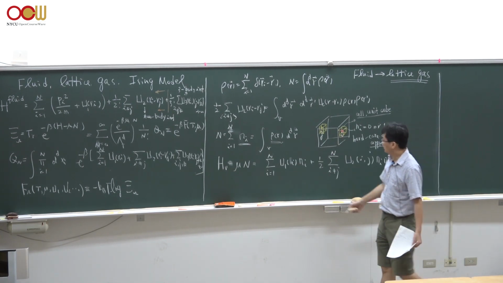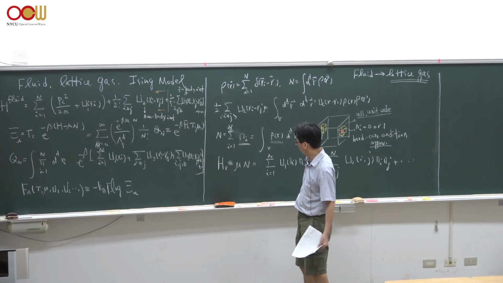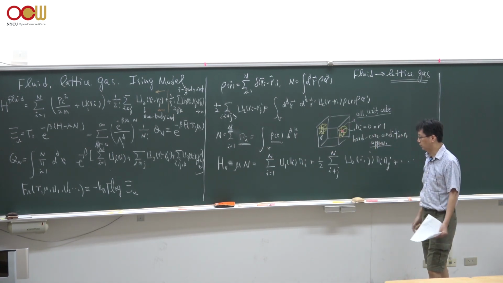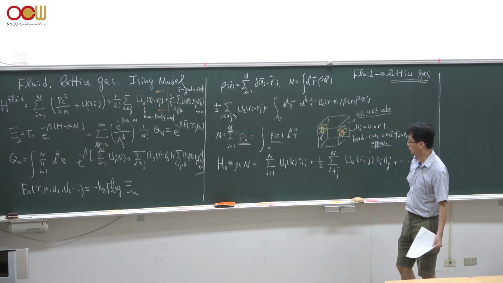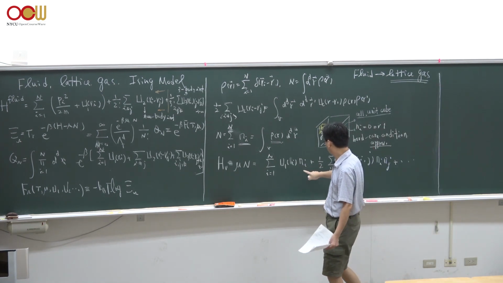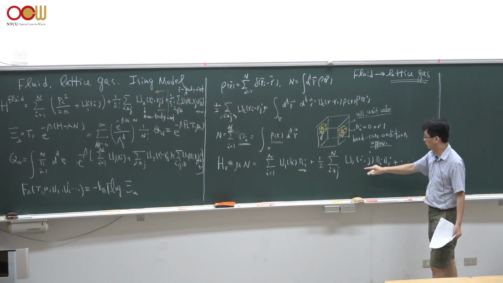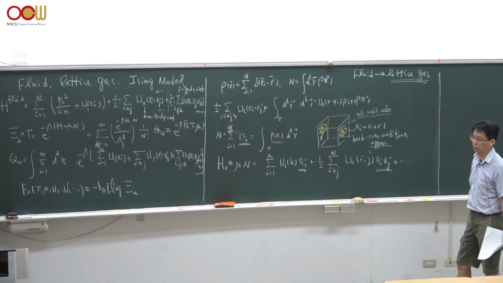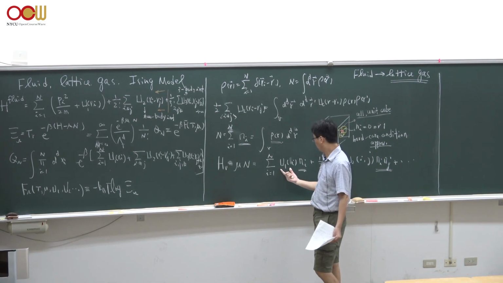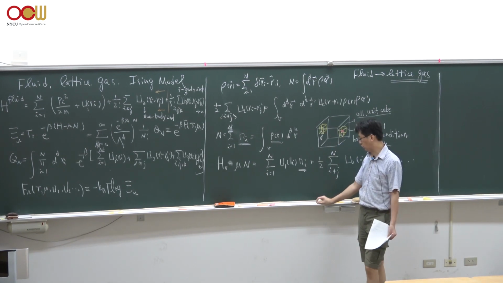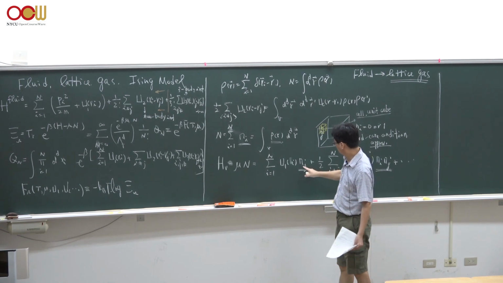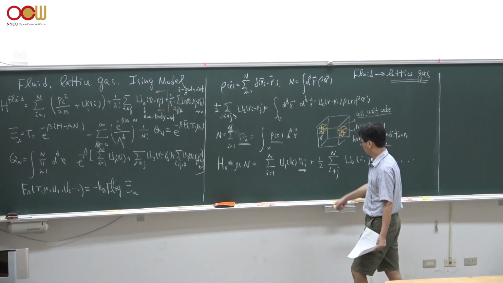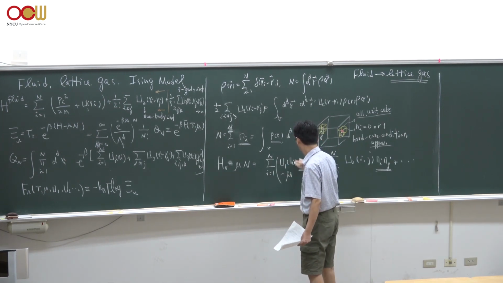Within that language of this occupation index n_i, we are able to rewrite this potential term of the fluid Hamiltonian in terms of an expansion in n_i to linear order and to quadratic order. So you can see that the U1 term is nothing but a chemical potential term, which multiplied by the particle number will be some sort of potential energy, which is more or less the same term as mu.